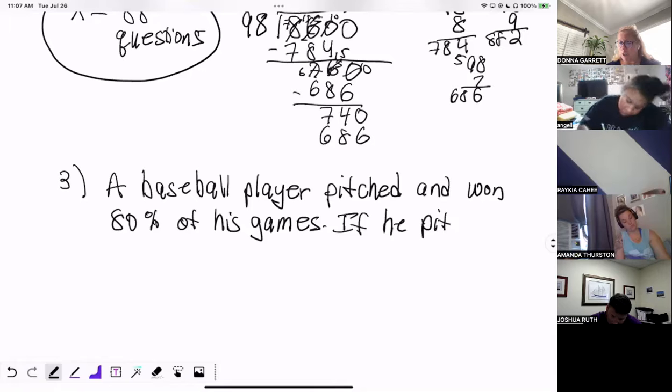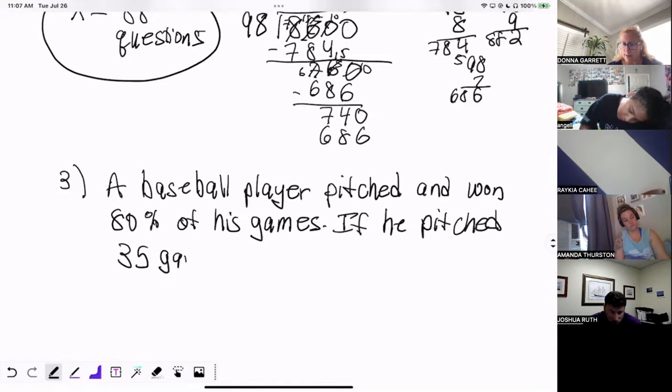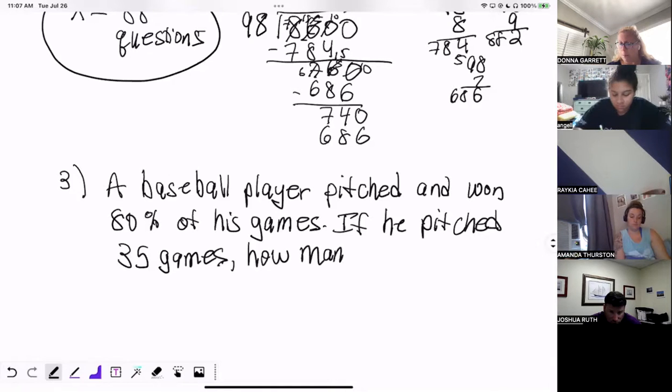If he pitched 35 games, how many games did he win?